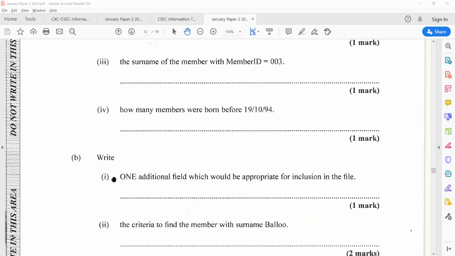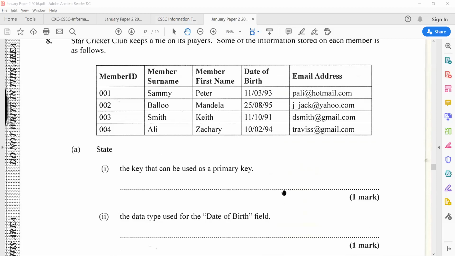Okay, part B. Write one additional field which will be appropriate for inclusion in the file. So what they're asking is, what other information would be appropriate to capture in this database?